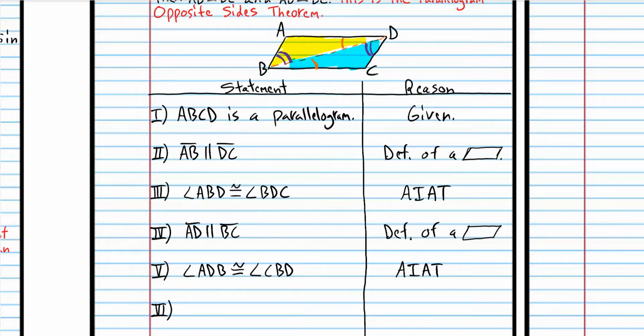And the reason that we did all this is to show that the yellow triangle and the blue triangles are congruent. And by the way, that is the reflexive property of congruence.